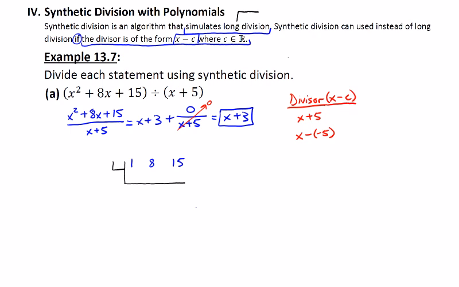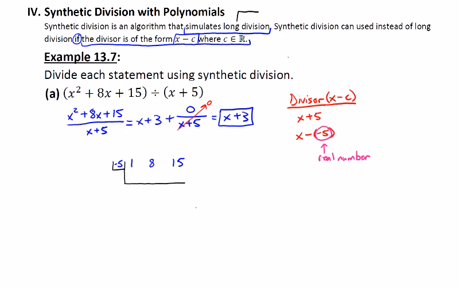That's 100% equivalent to x plus 5. That is saying the exact same thing. And so now I can identify negative 5 as being a real number, and that is the real number we're going to use to represent our divisor. So we're going to take negative 5 and put it in this part of our separator.